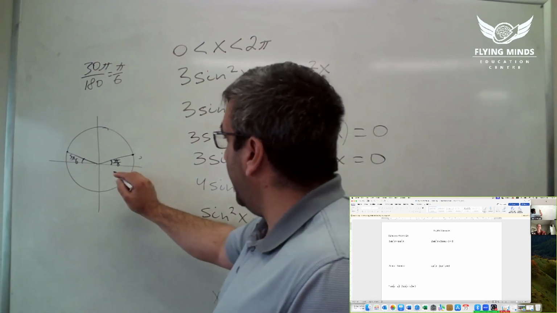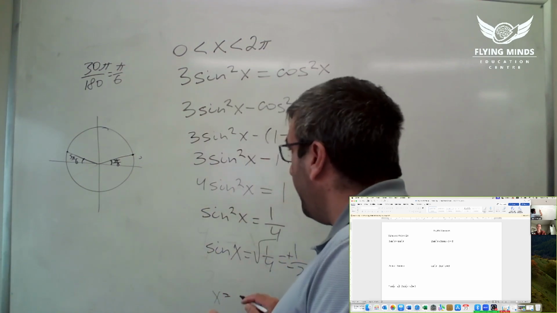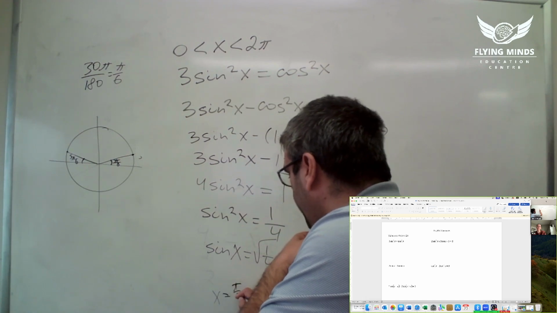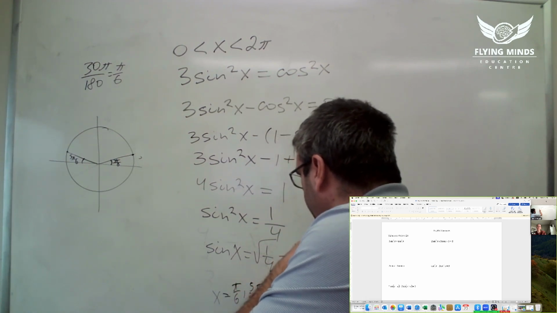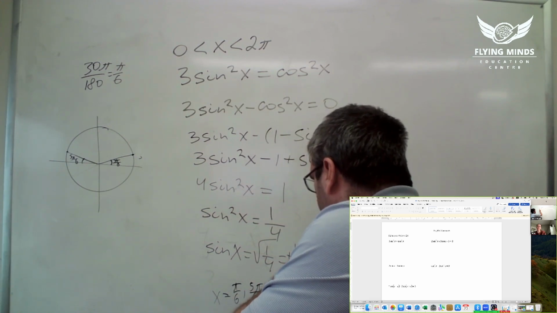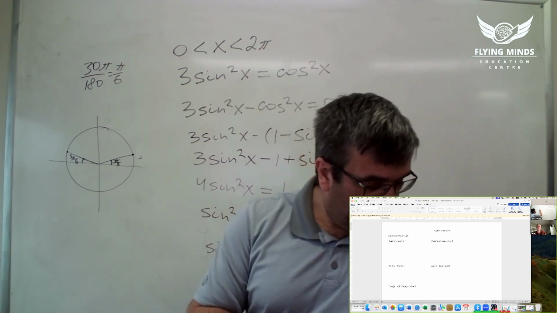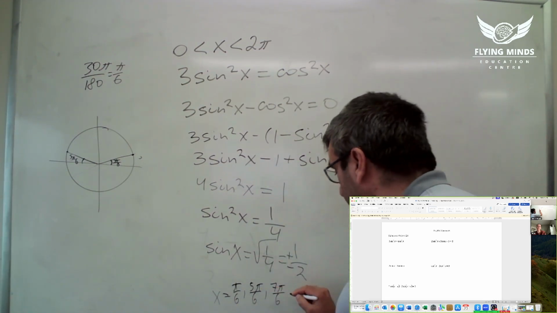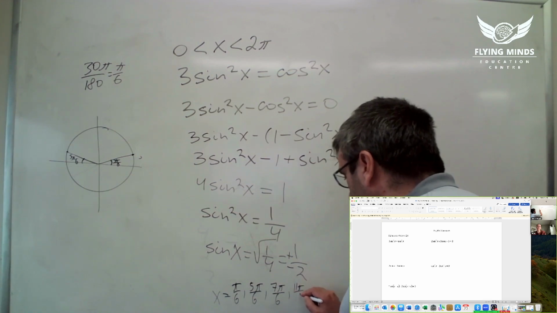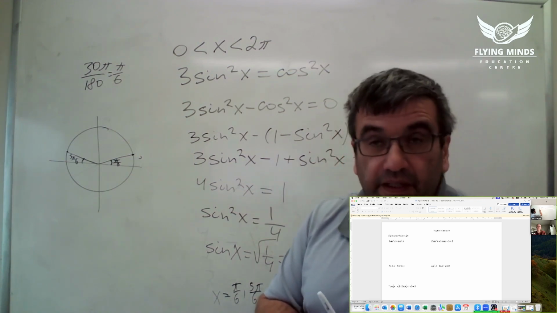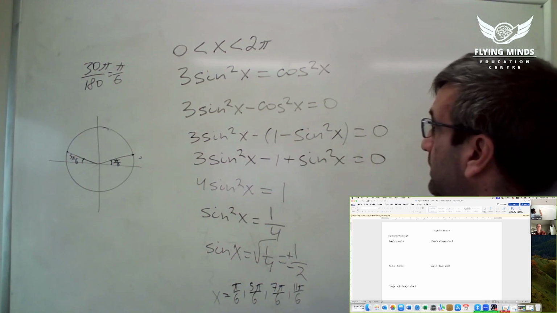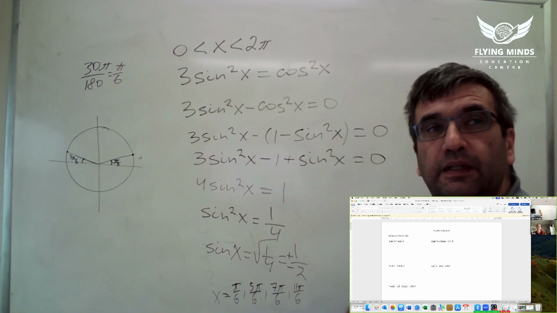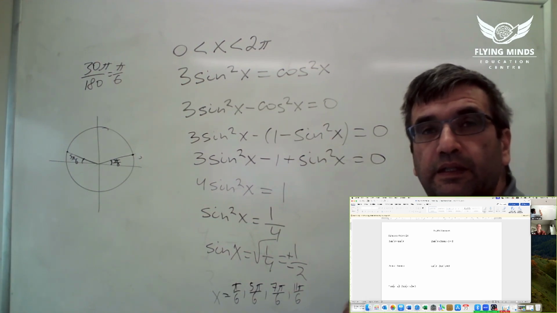And in the fourth quadrant, it's 11 pi over 6. So you have 4 answers, right? So it's any pi over 6 in that domain.